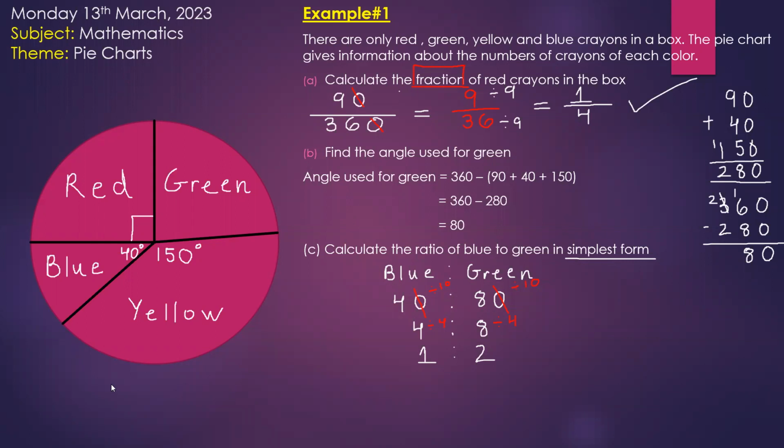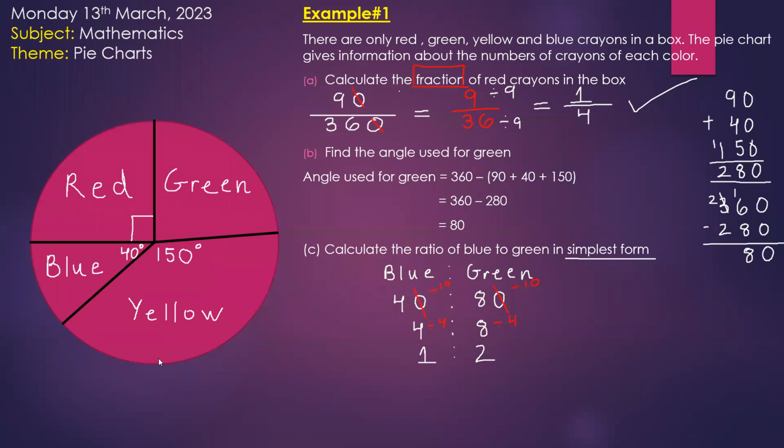We can cancel out the zeros from the 90 and the 360. That leaves us with 9 over 36. So we can divide that by 9. 9 divided by 9 is 1, and 36 divided by 9 gives us 4. So that's 1/4 of red crayons in the box.